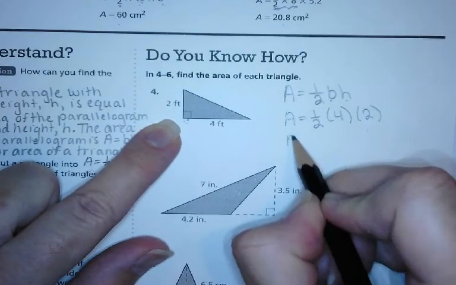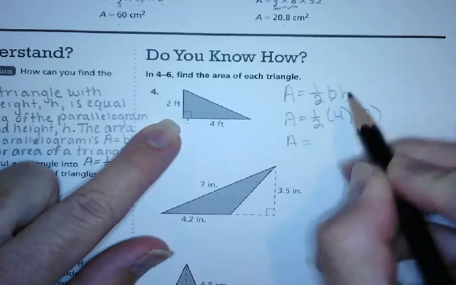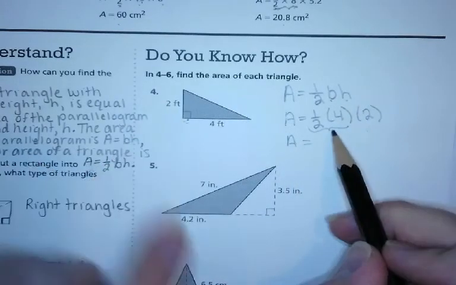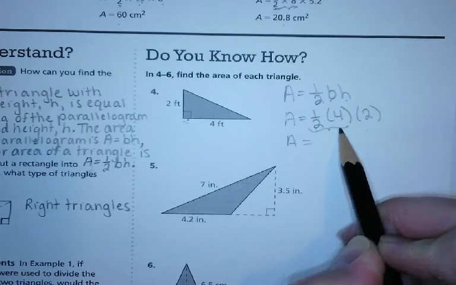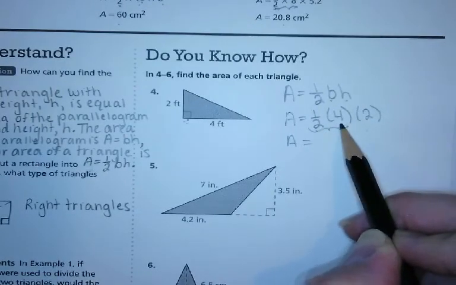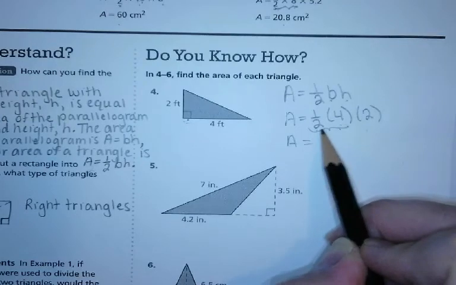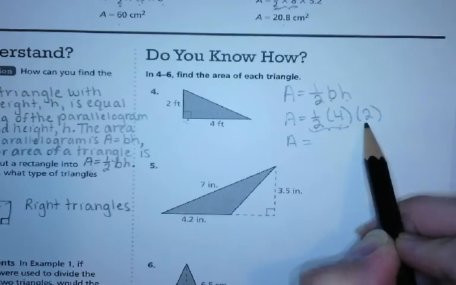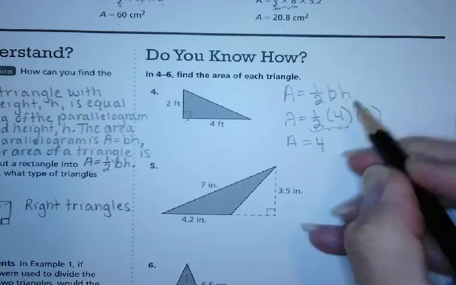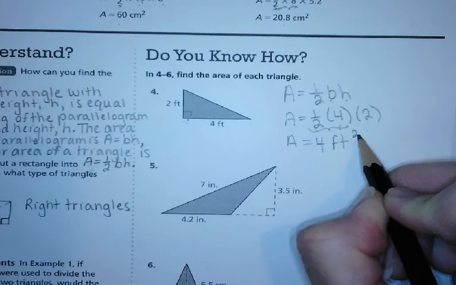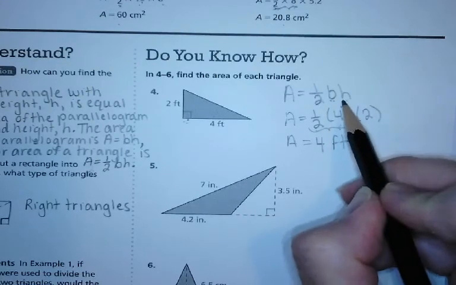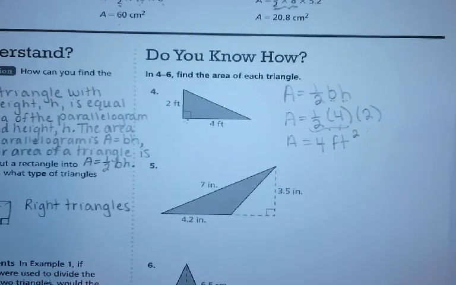Okay, and then the last step is just multiplying across. You always want to take half of an even number if you are doing it in your head. So it's nice that the even number is next to it. So you get 2, and then 2 times 2 is 4. And don't forget your units of measure. So it's in feet, and it's squared since there's only 2 dimensions.